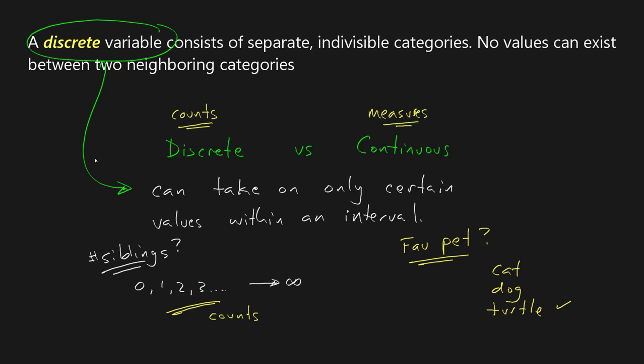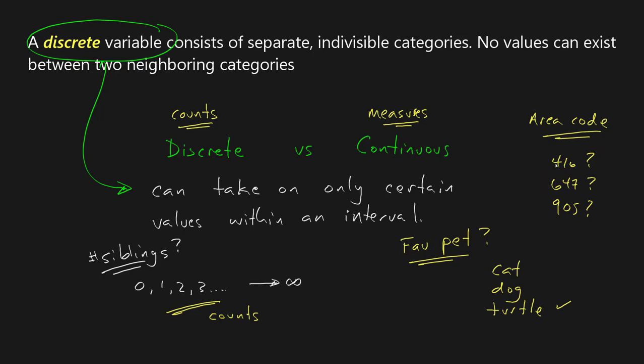So discrete variables can be counts, or they could be qualitative categories like cats, dogs, turtles, or something like what is the area code that your phone number falls within. So is your area code 416 or 647 or 905 and so on? These are discrete categories.